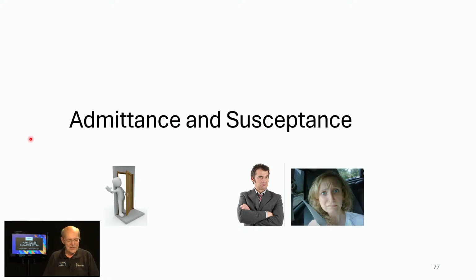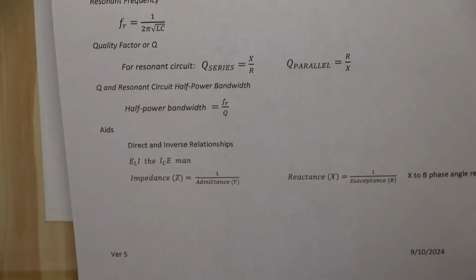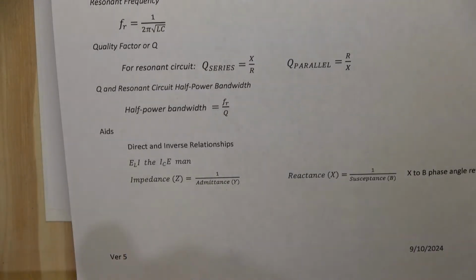So here's some interesting graphics. We've got a fellow standing in a door, and we've got this mean-looking guy and terrified-looking woman. Let's see how all of that's going to fit together. We'll take a look at the extra class reference sheet quickly. You notice I've got a section down at the bottom called aids.